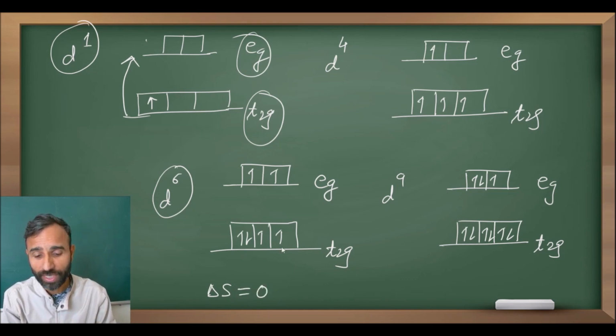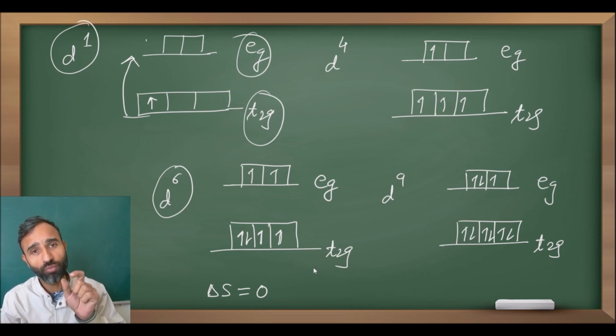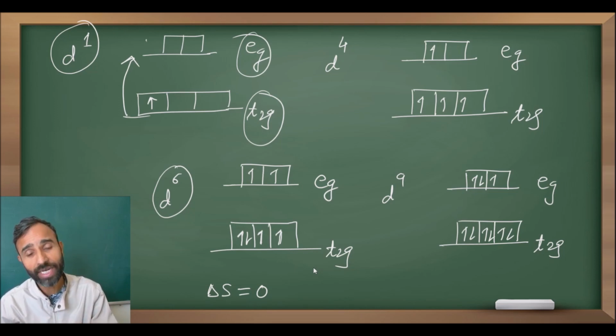For other electrons, if we see 1, 2 and 3, if we shift them to Eg, their spin will change. If the spin will change, that is a forbidden transition. You know, for an allowed transition, delta S should be 0. So there is only one electron, for that delta S is 0. Means there is only one spin allowed transition, and only spin allowed transitions are allowed in Orgel diagram.